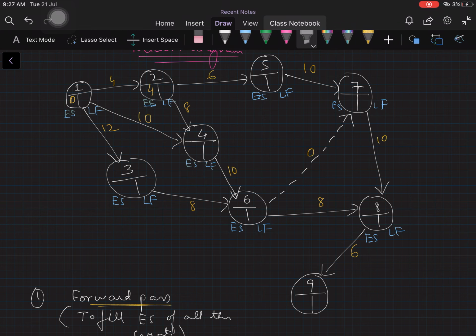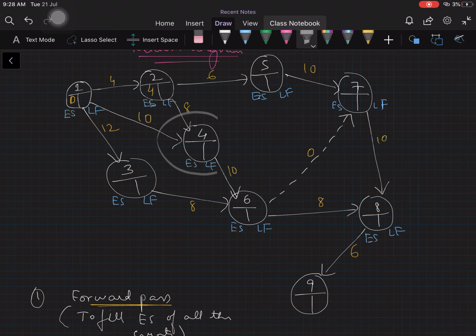So this is an example of a merge event, and here we have another example. So 4, 6, 7 and 8 are merge events because there are two arrows entering 4, two arrows entering 6, two arrows entering 7, and two arrows entering 8.